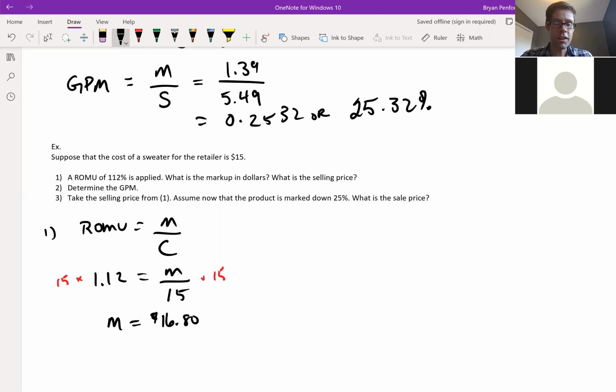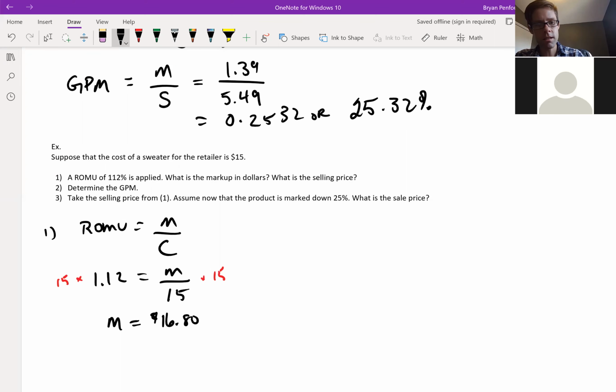Yeah, that makes sense. I mean, if it costs us 15 bucks, and the rate of markup is over 100%, I expect my markup in dollars to be more than 15 bucks. So yeah, that makes sense to me. Awesome. So from here, now we want to calculate the selling price.